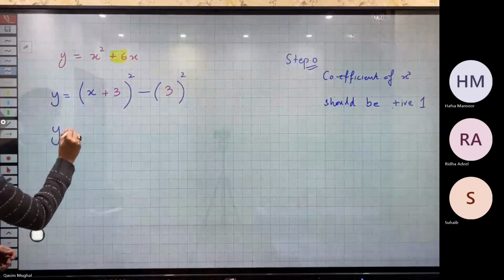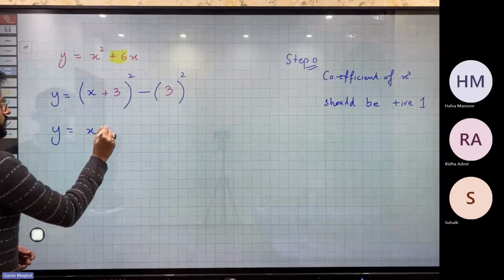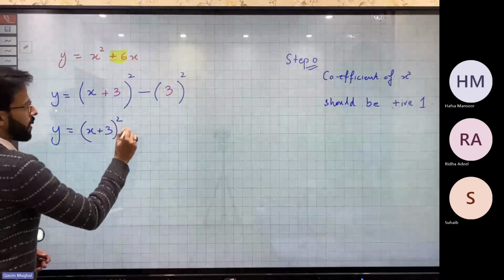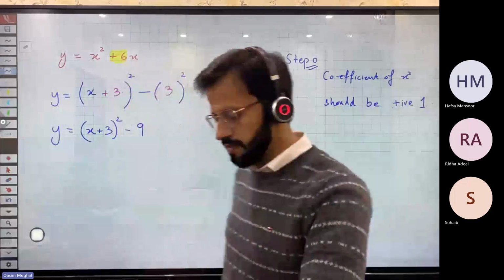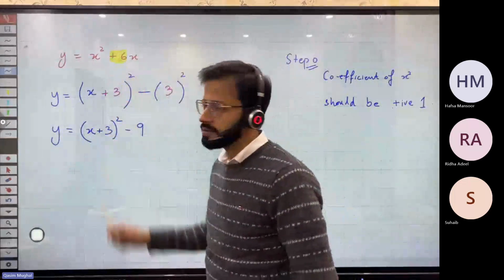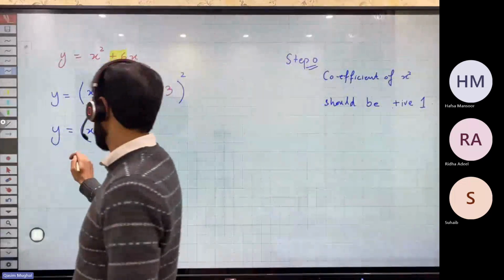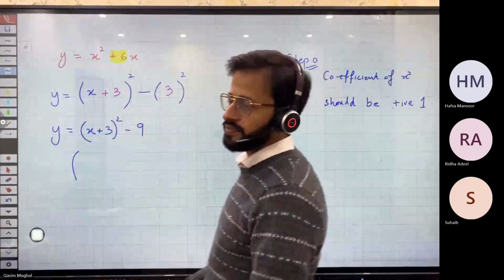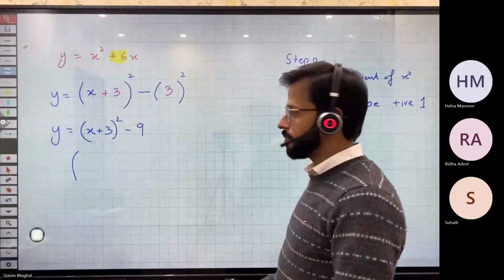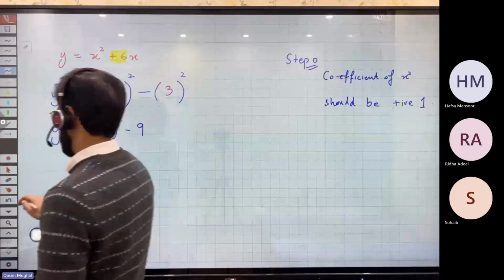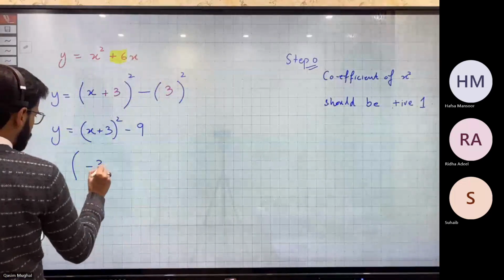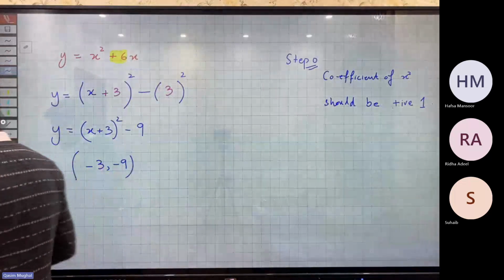So y equals x plus 3 whole squared minus 9. What are the coordinates of the vertex? Minus 3 and minus 9. Very good. Minus 3, minus 9.